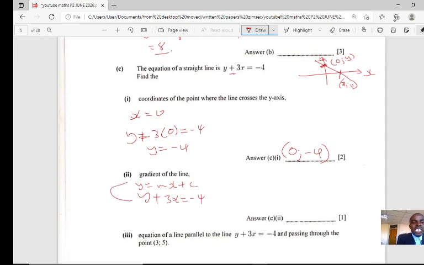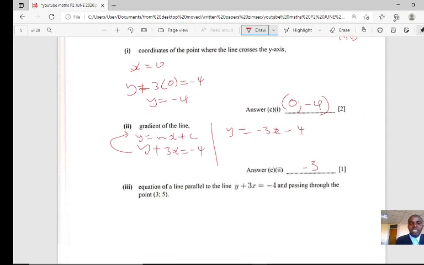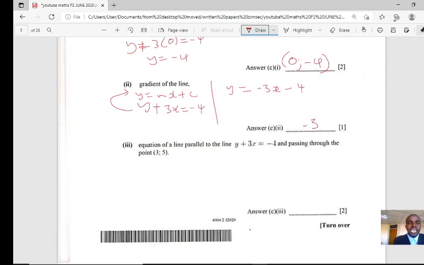Then express it in this form, y equals mx plus c. So it will be y equals minus 3x minus 4. So the gradient obviously is minus 3. That's the gradient. Done.